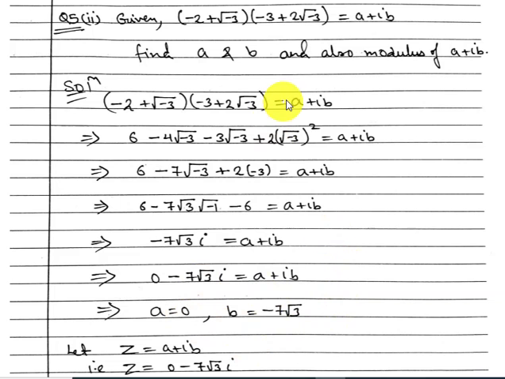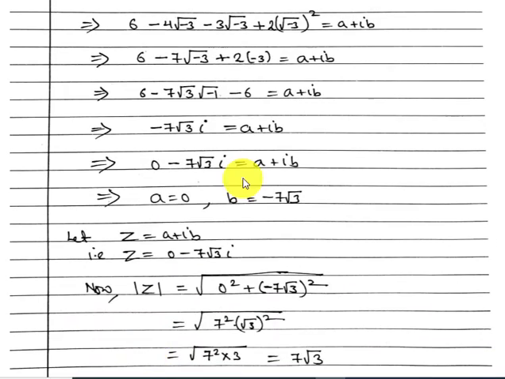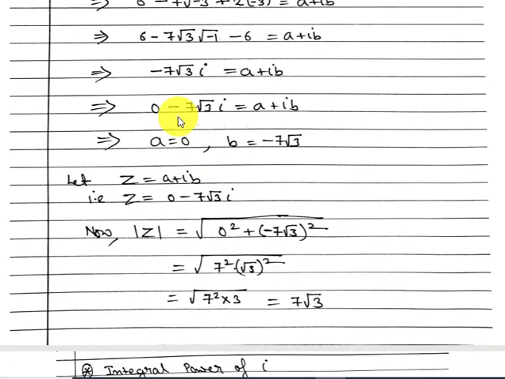Clear? And further it's saying find the modulus of a plus ib. So here a plus ib is nothing but 0 minus 7 root 3 I. Let us denote this complex number by z. So z is equal to a plus ib, which is 0 minus 7 into square root of 3 I. Now modulus of z means square root of a square plus b square.